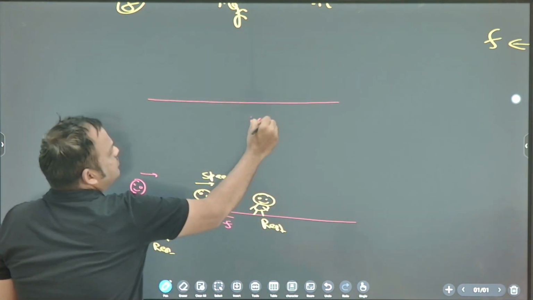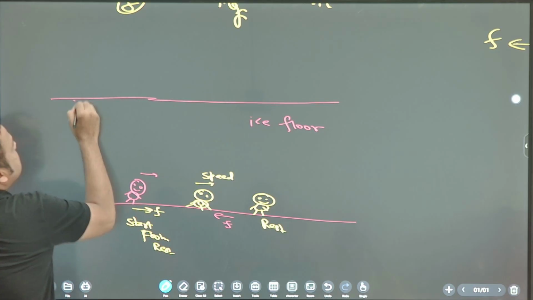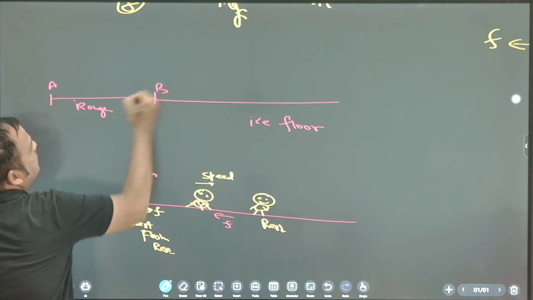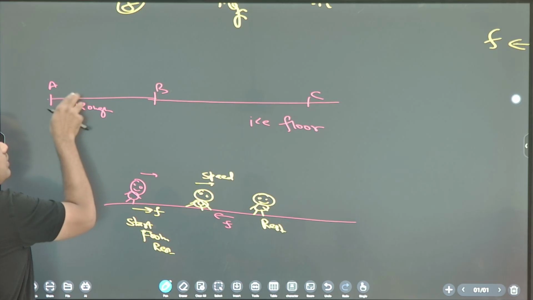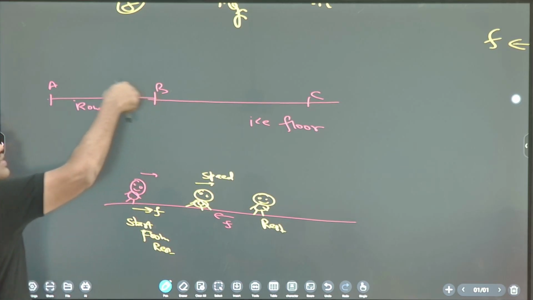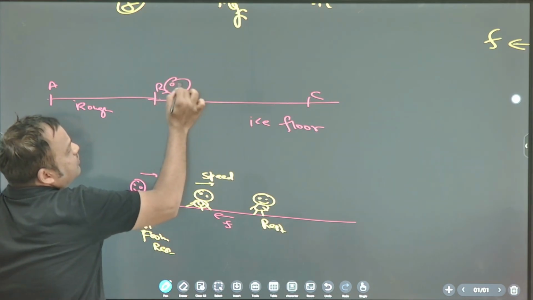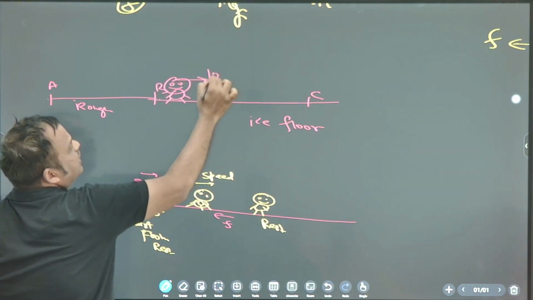ice floor? This is ice floor, and this is rough. Suppose from A to B it is rough, and B to C it is ice floor. Now A to B you are running, so friction is helping you. After that, no friction. What will you do? Can you stop? You acquire some speed, maybe 10 meter per second.